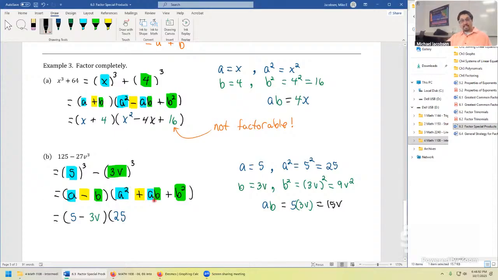We even calculated A times B, so substitute in 15b for that. And we calculated B squared, so substitute in that B squared is 9b squared. Then this is exactly where the problem would end, right at that step there. Well, we got it, folks. That's the factorization of the difference of cubes, 125 minus 27b cubed.